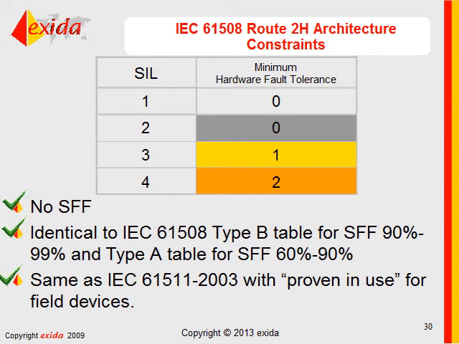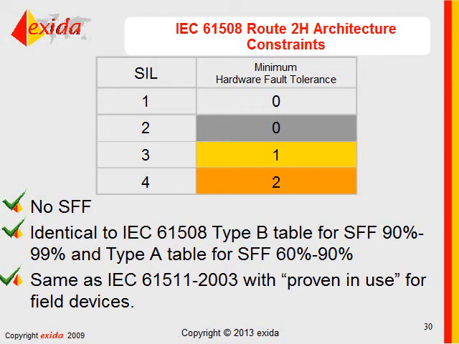And interestingly enough, this table is identical to the table in 61511 if you have justified prior use or proven in use for devices. So I don't find this table to be new.